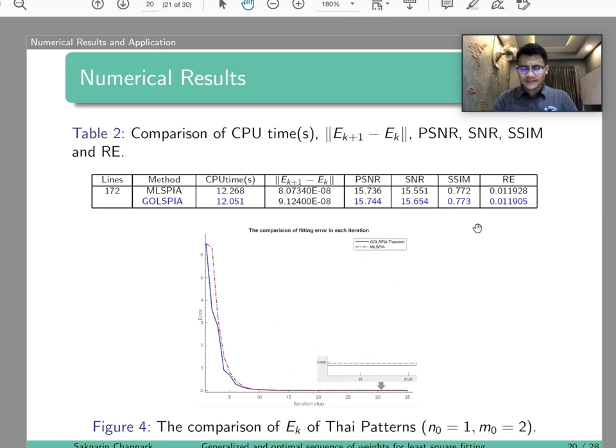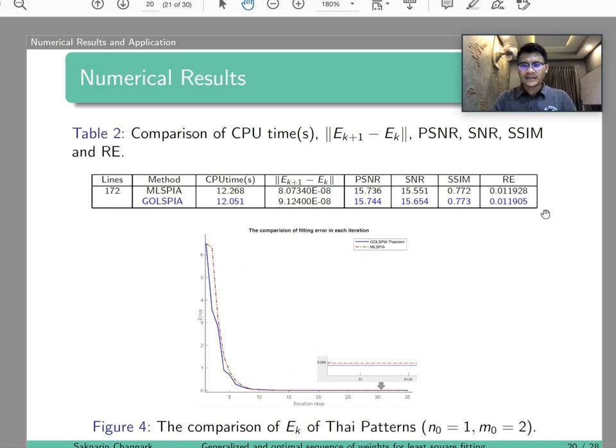And for SSIM, if the value is close to 1, the quality of the image is high. So in this experiment, GOLSPAA has better image quality from SSIM than MLSPAA.